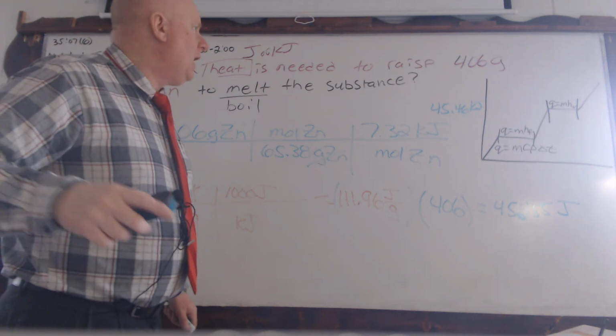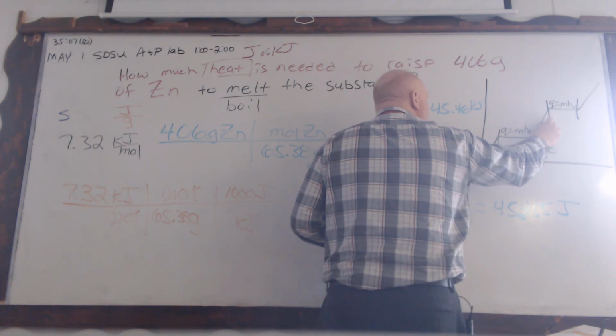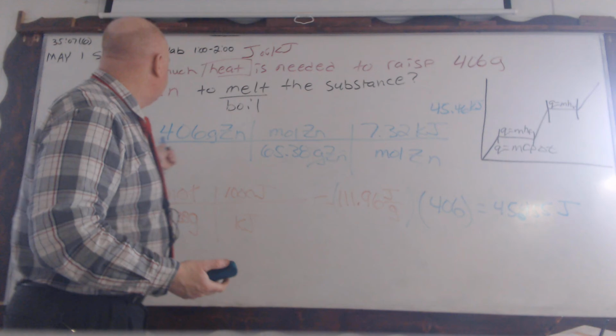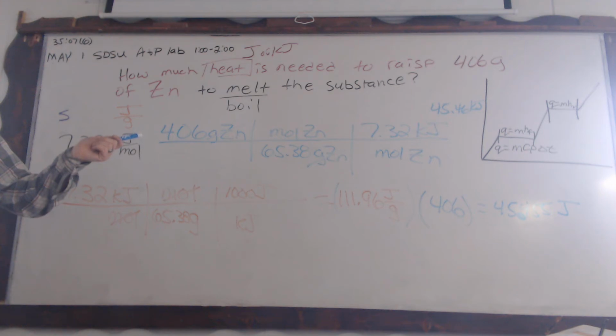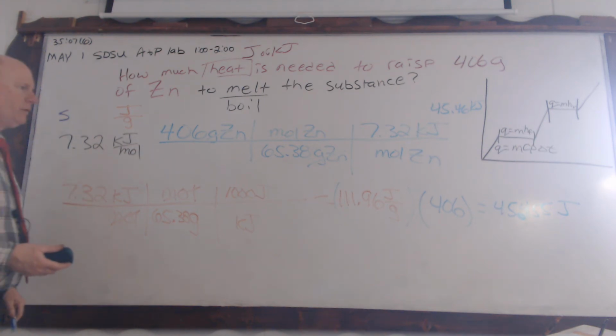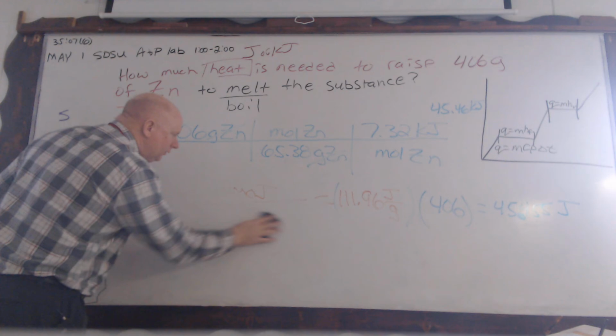But keep in mind, when you're doing these 5-step problems, can you do this, kilojoules per mole? No, you cannot. Why? Because everything else is measured in joules, because you can't use kilojoules for that.